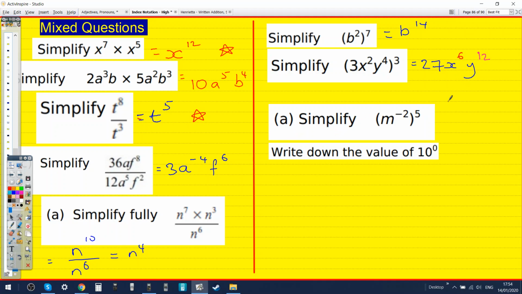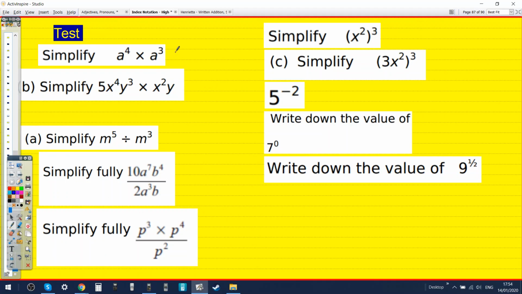Well done. How about this one? M minus 10. Well done. And last one? Write down the value of 1. Yes. Well done.